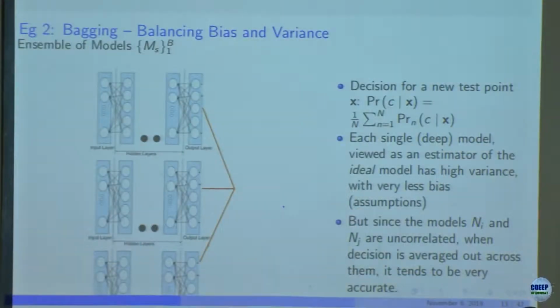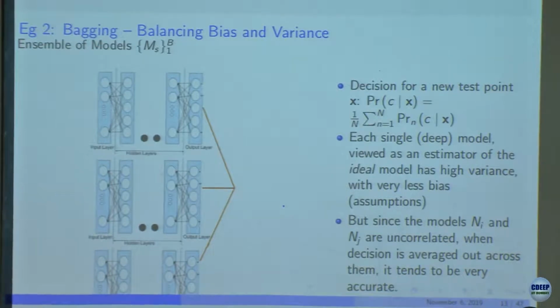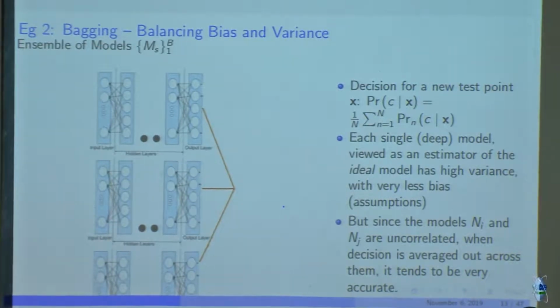The other idea is that each single model, viewed as an estimator of the ideal model, has high variance, because you have shrunk the data. But if the assumption is of less bias, you do well. Unfortunately with deep networks like this, can you guarantee less bias? The network architecture itself is bringing in a lot of bias.